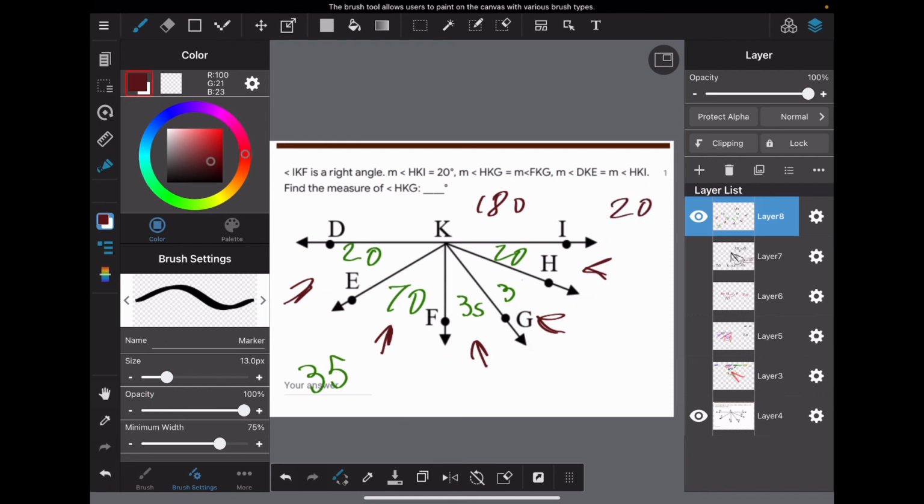So we have 20 plus 20, which is 40, plus 70, which equals 110, plus 35, plus 35, this is 70, this is 110, and 110 plus 70 equals 180. So we know our answer is right.